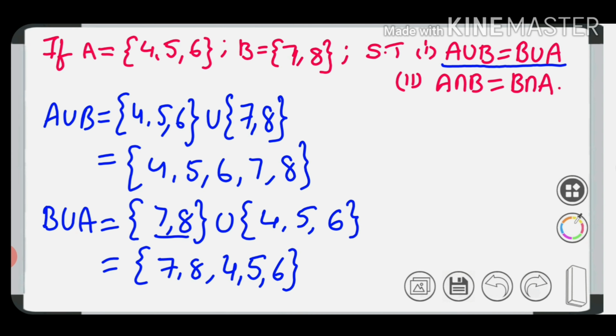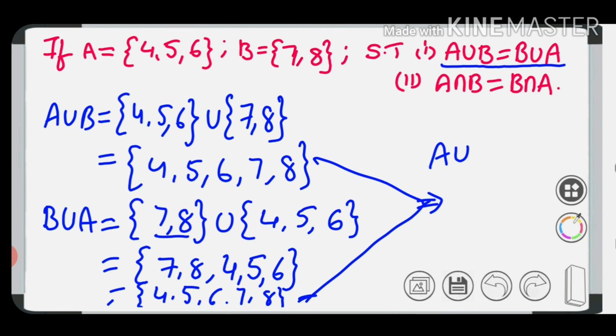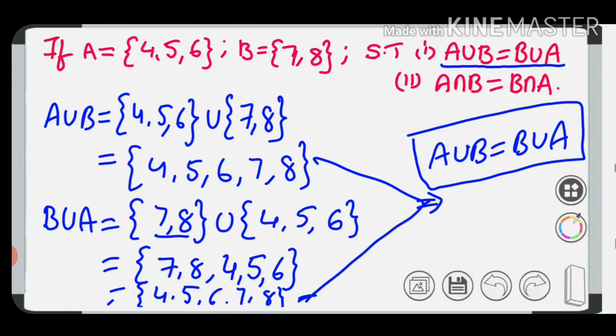Okay, write in order. We will get 4, 5, 6, 7 and 8. If you observe, both A union B and B union A are the same, that means A union B is equal to B union A. We showed this. Okay, like this we have to prove that.